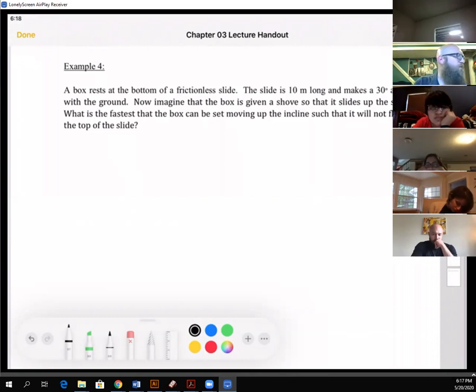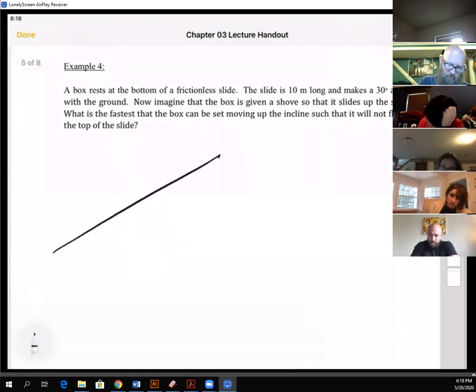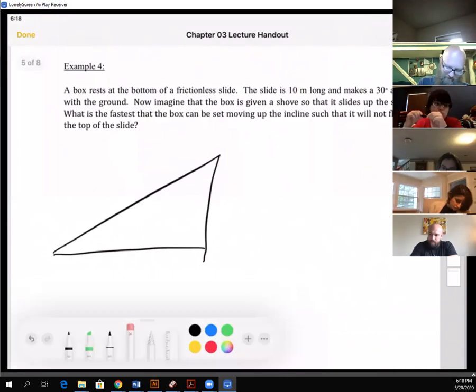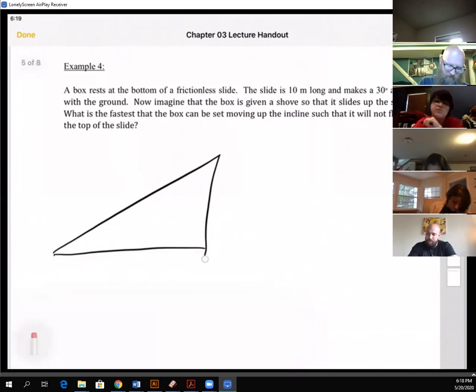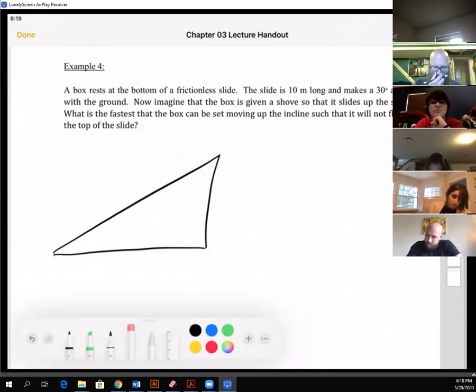Here is my slide. I want this slide to be a straight line motion, so maybe this is a boring slide.